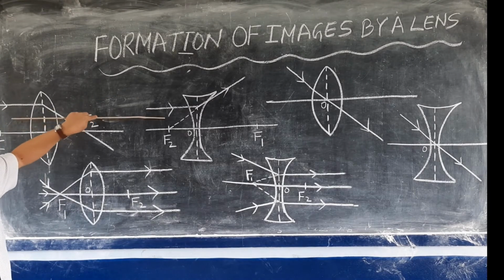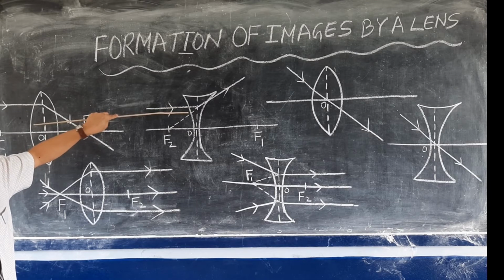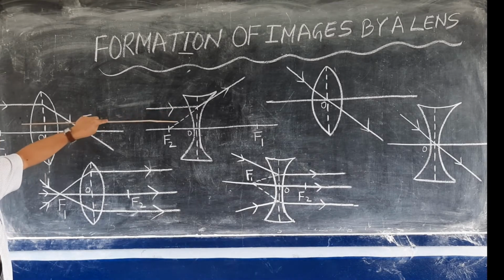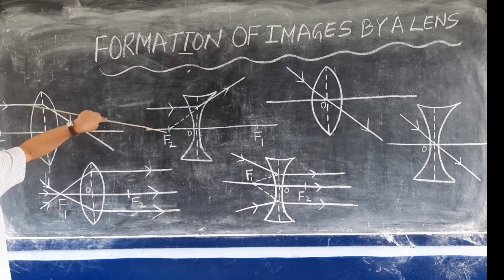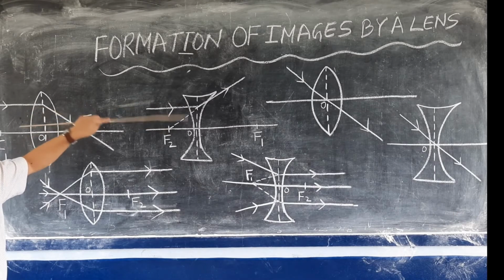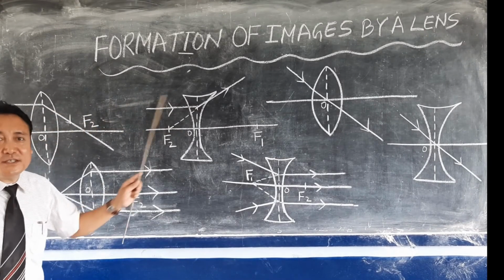Similarly, for a ray of light parallel to the axis in the case of a concave lens, the ray appears to come from the second focal point. So this is the first condition to remember.